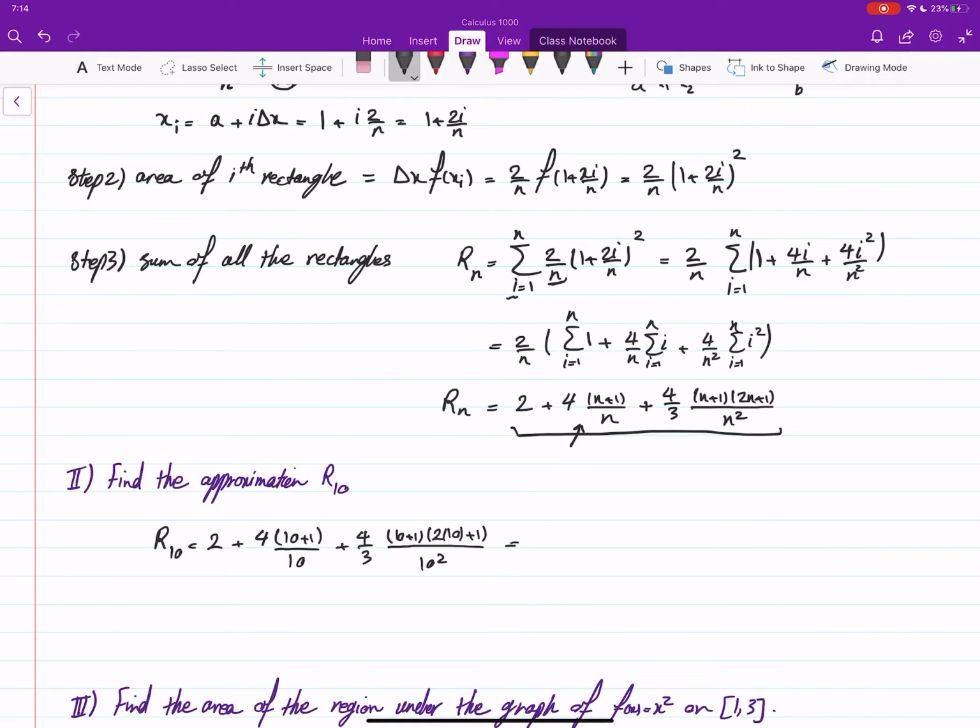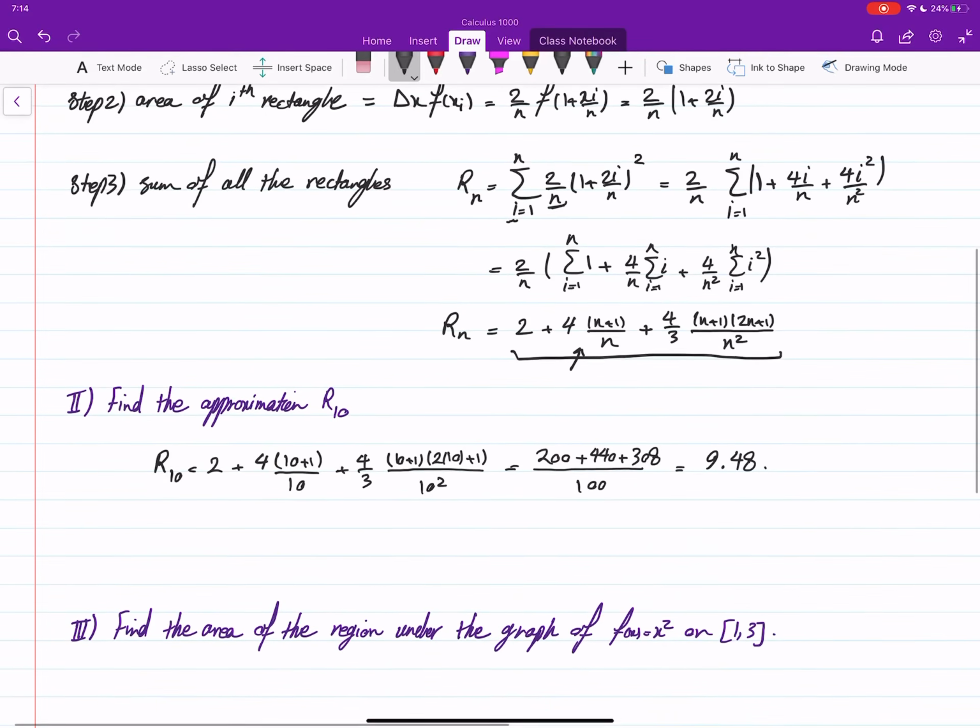Well, I have computed this. This is easy. 200 plus 440 plus 308 over 100. And if you compute that, it will give you 9.48. So that is just an approximation. We don't want an approximation. We want the area. But I just want to show you how you can use that formula.